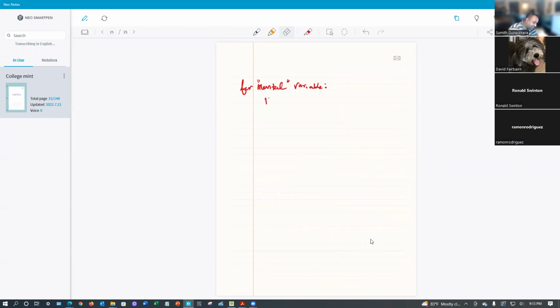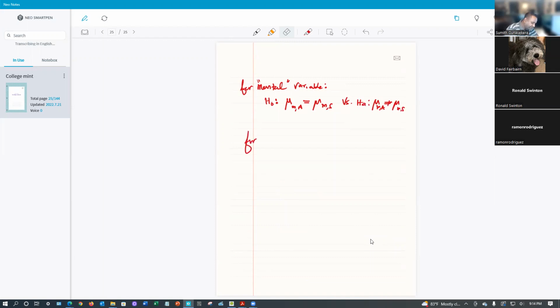H naught: mu of mental in the active group equals mu of mental in the sedentary group, versus HA: mu of mental in the active group not equal to mu of mental in the sedentary group.